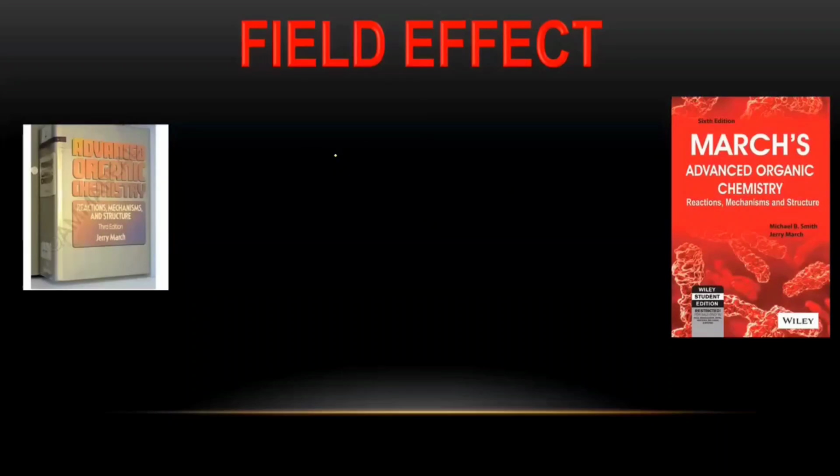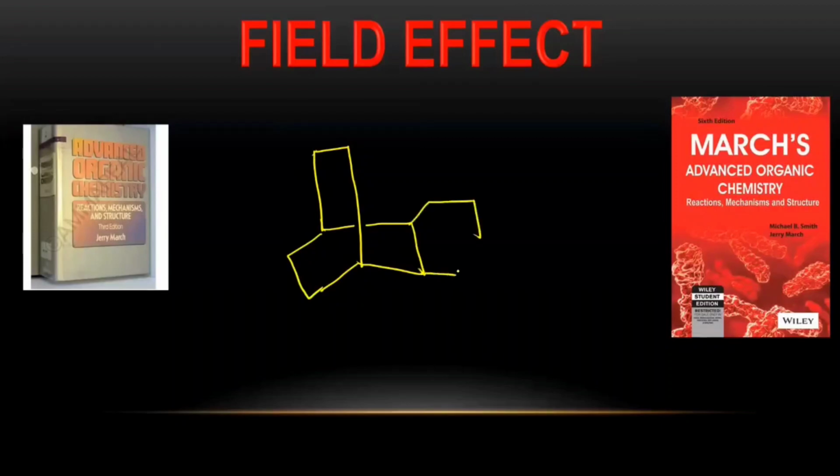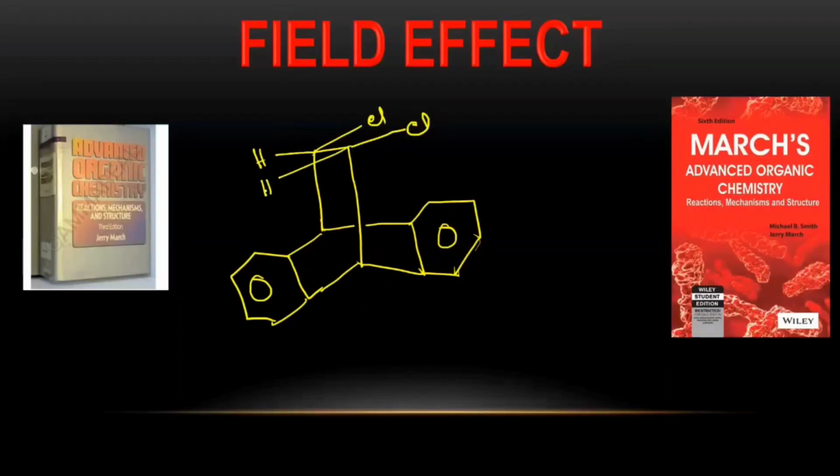So to discuss field effect, let's first take two observations. First observation is, let's take two molecules. Another benzene ring. Here Cl, Cl, H, H. This is the first one.